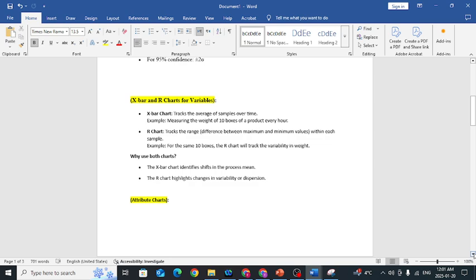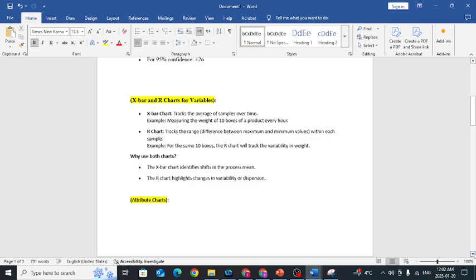And the R chart tracks the range, or difference between the maximum and minimum values within each sample. For example, for the same 10 boxes, the R chart will track the variability in weight. And we had real examples in the previous session about these charts.